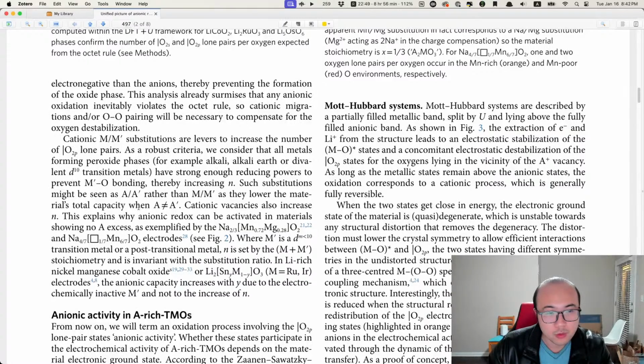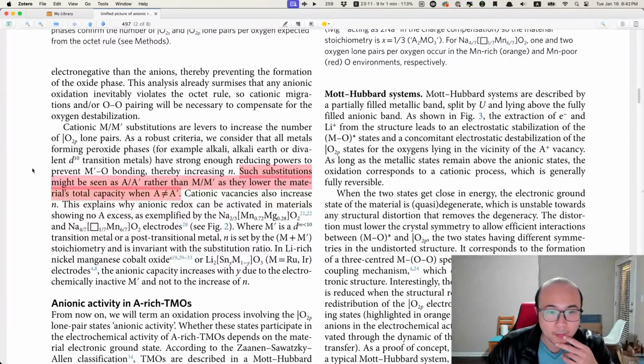Such substitutions might be seen as this rather than this, as they lower the material's total capacity. I'm sorry, I don't understand this. So red basically means I don't understand. Cationic vacancies also increase N.